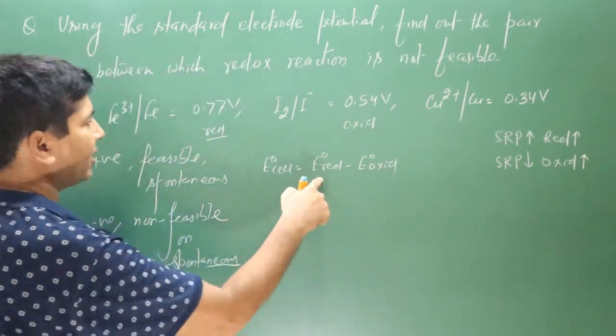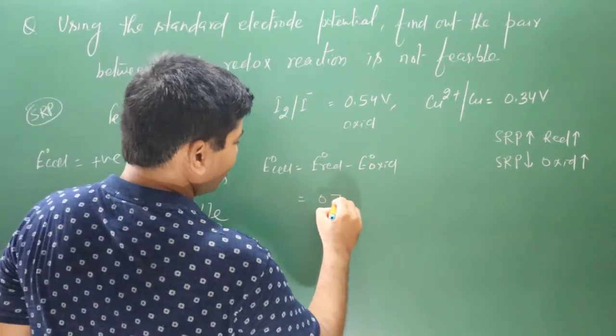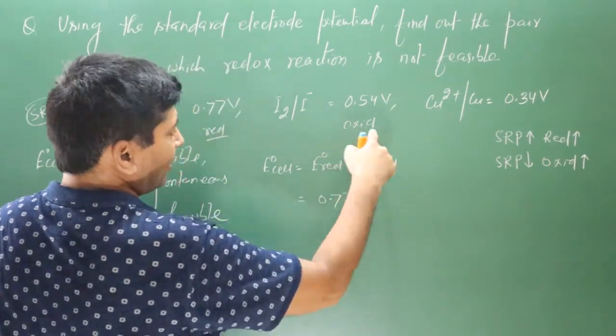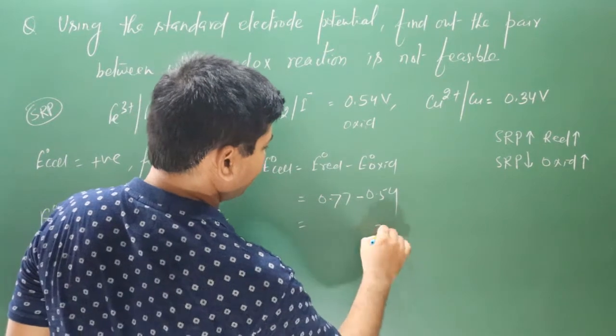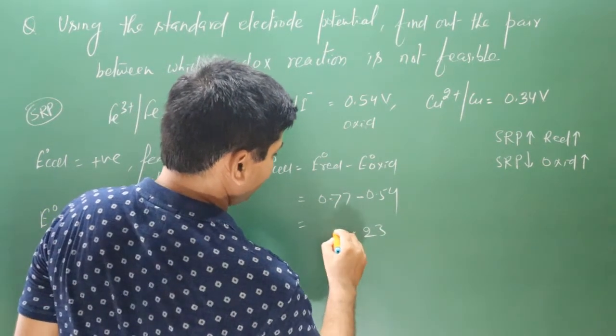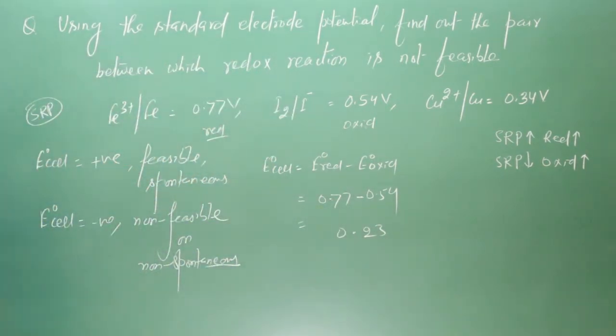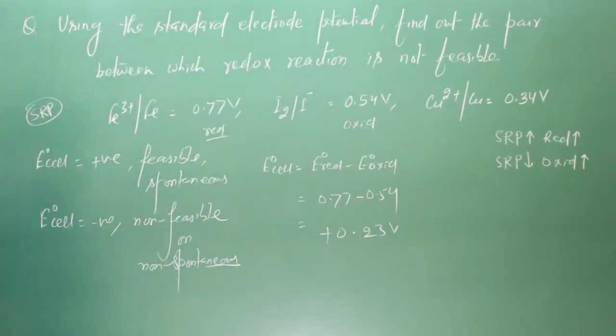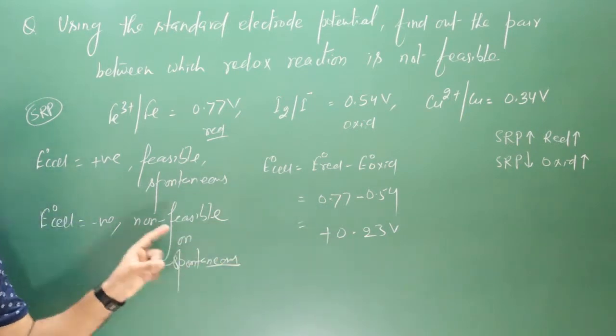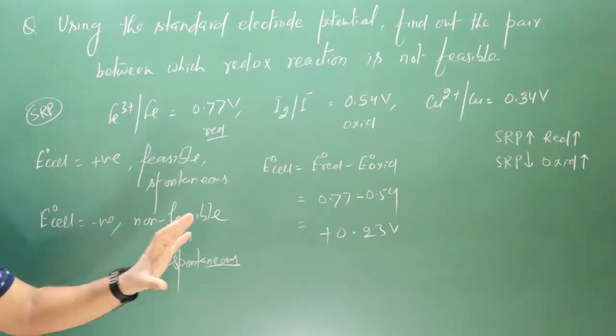Plug in the values: E naught reduction 0.77 minus E naught oxidation value 0.54. Simplify, 0.23 volt. This is the positive value, and if E naught cell value is positive, then reaction will be feasible by nature, means spontaneous by nature.